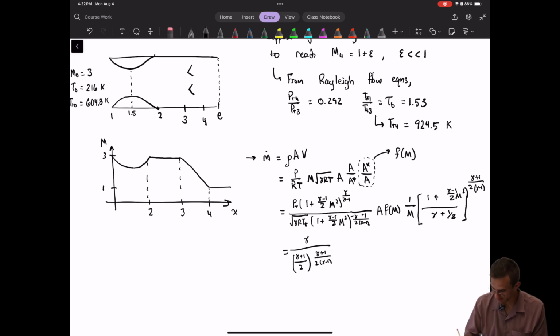And then we have P_T A over the square root of gamma R T_T times f of M. Okay, so why did we do this?